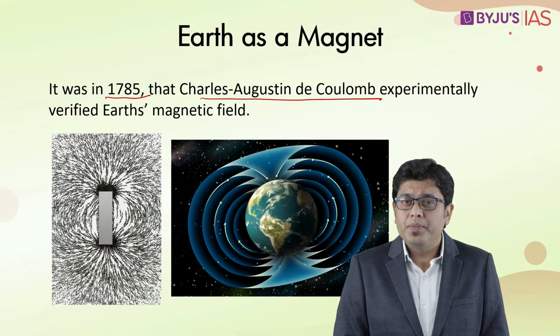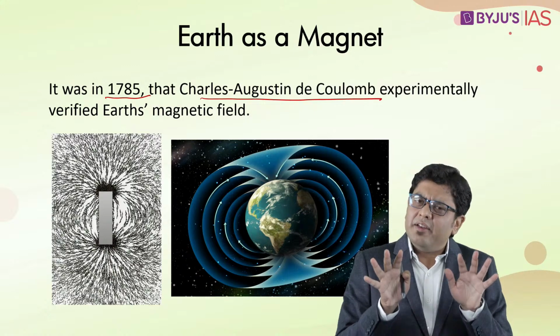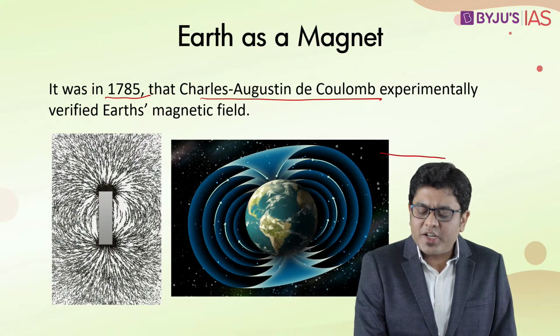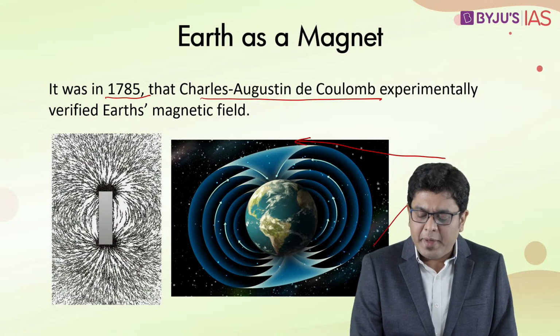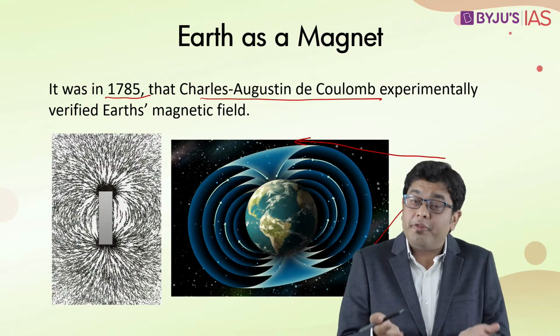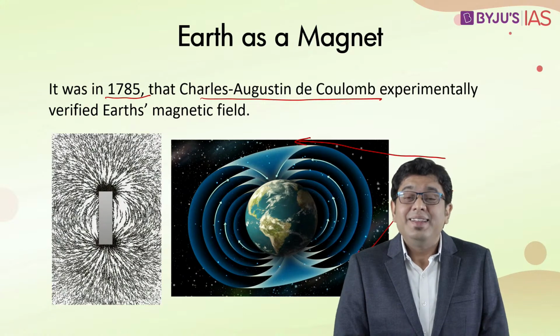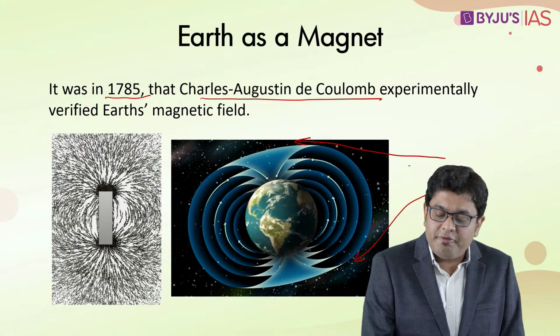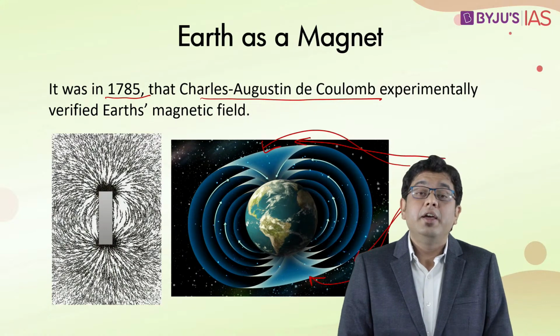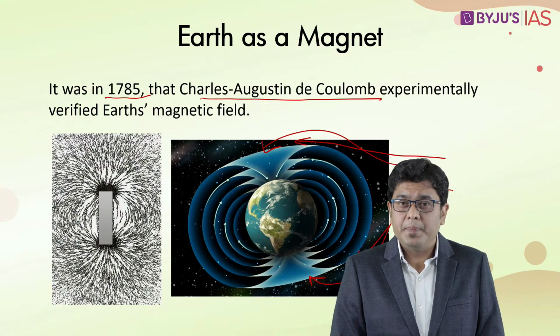Why is it so? To understand it in a very basic manner again, when charged particles or electrons are thrown out from the sun's surface or from the outer part of the atmosphere of the sun, these charged particles are very ably deflected by the magnetic field present around the Earth.